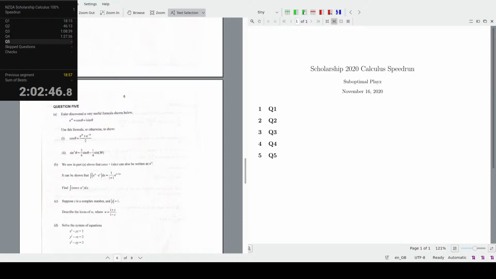Okay, what kind of shape is x squared minus, it's this kind of stuff. It's like a hyperbola, but not quite.